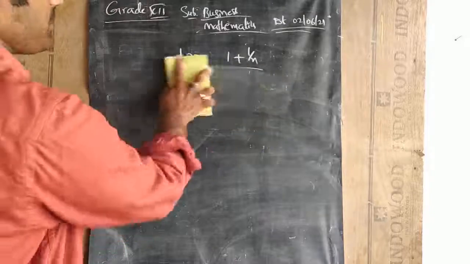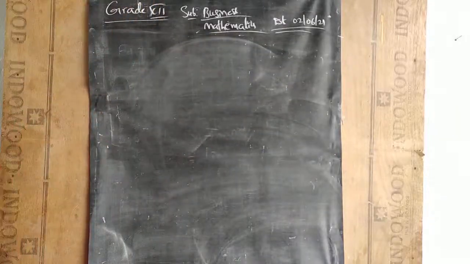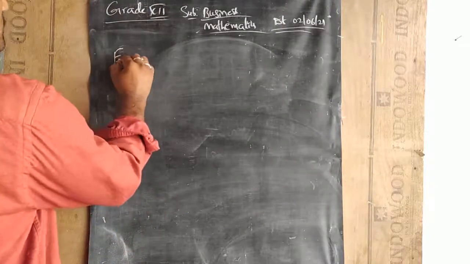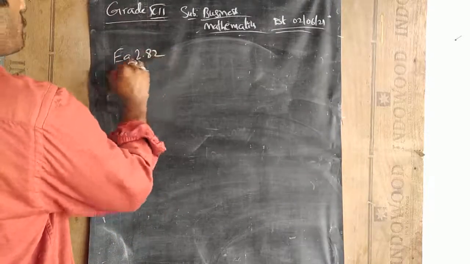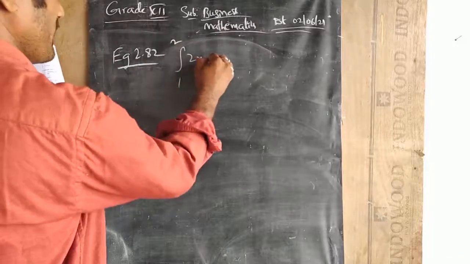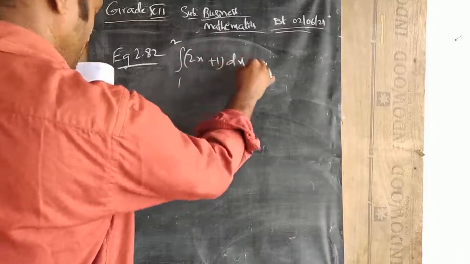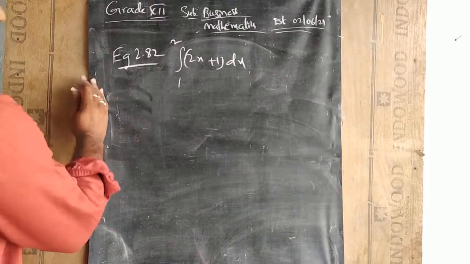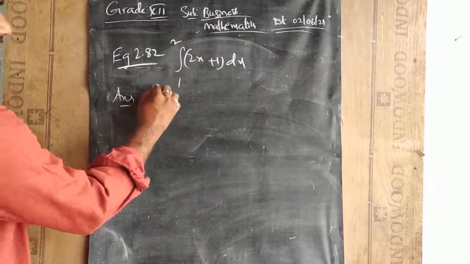Let us see the next question. Example 2.82: integral 1 to 2 of 2x plus 1 dx. Let us see the answer here. First let us write the formula.